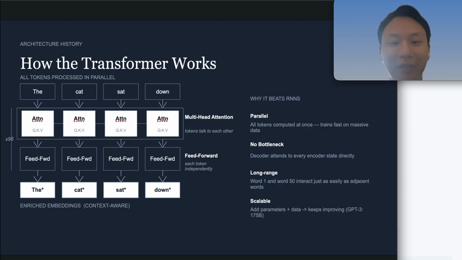And then in the feed forward layer, what it's really doing is taking what it processed in the attention layer and going back into its trained model and processing and updating what it thinks the answer should contain.